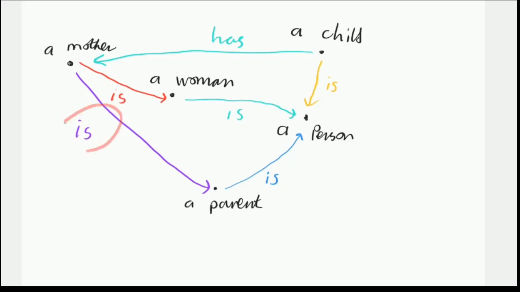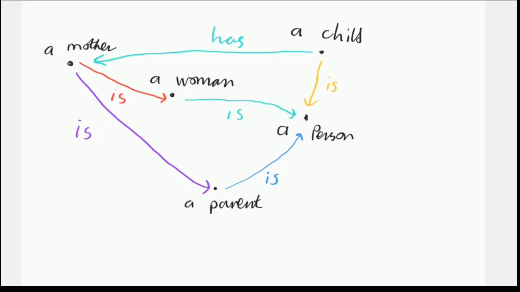And then we have these arrows, which are representing aspects of these things, or sort of functional relationships. But the idea is that we label these functions or arrows in such a way that we can really read paths along these diagrams or ontology logs as if they were plain English. So when we say a mother is a parent, we can think of that as a sentence in English.